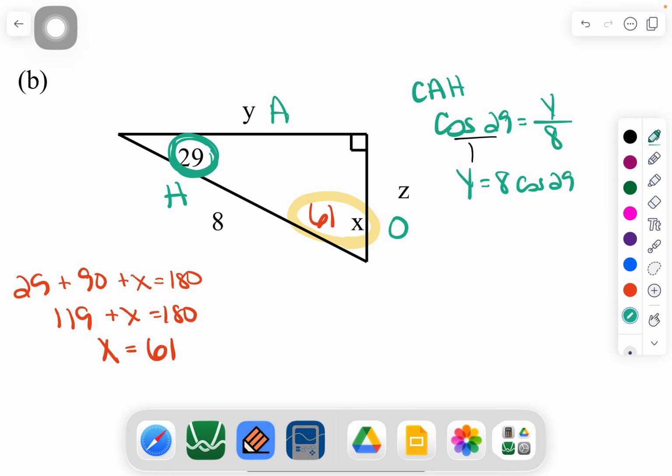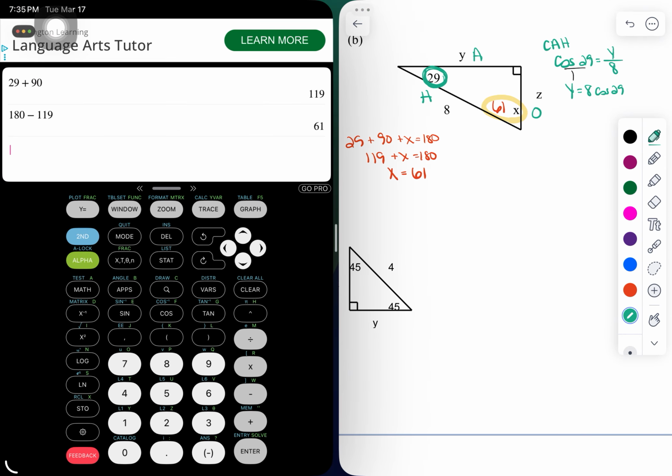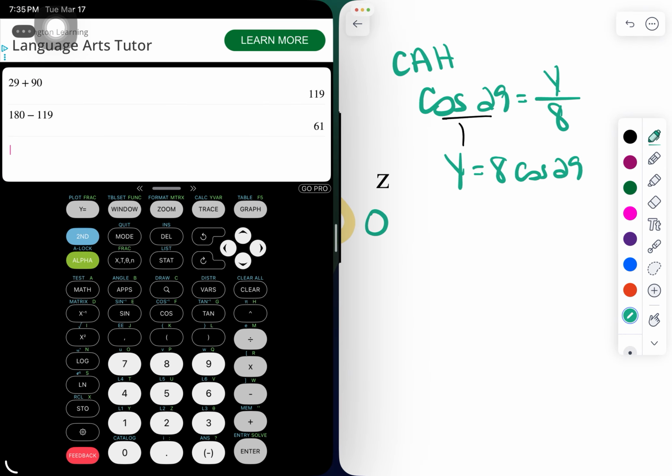Let's go ahead and pop that in a calculator. So 8 cosine of 29, 6.996, which would mean that y is equal to basically 7. It would technically be 7.00. I would accept 7 as an answer because all of those 9s would round up.